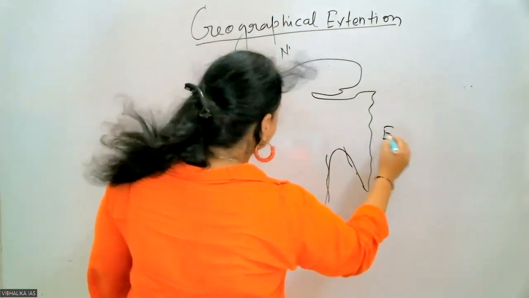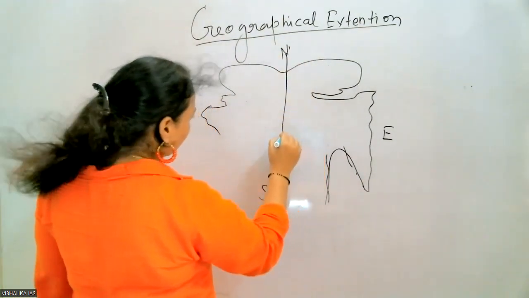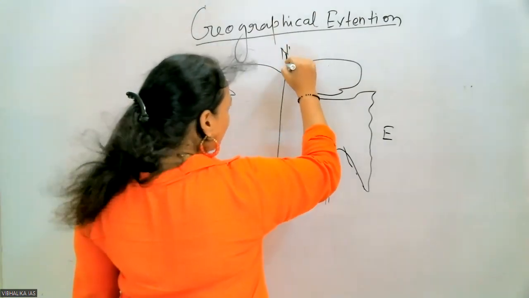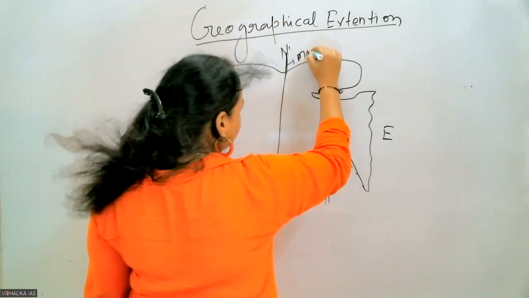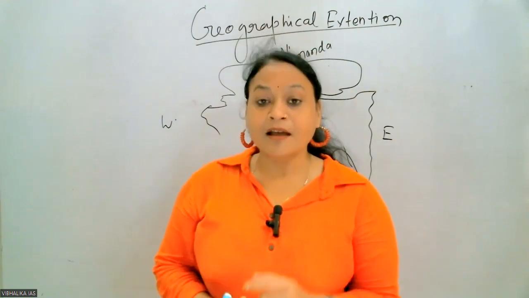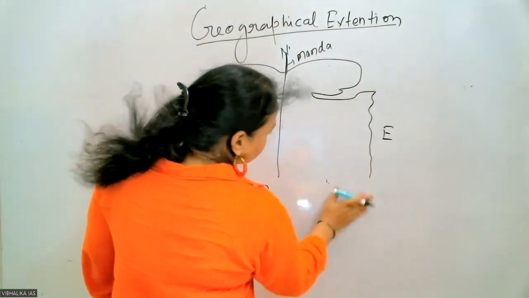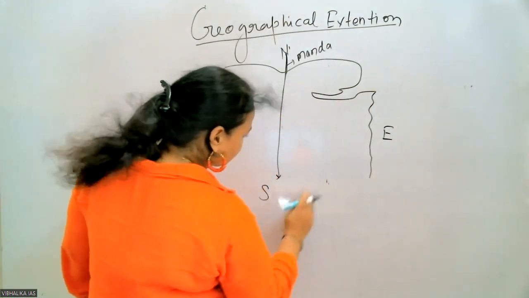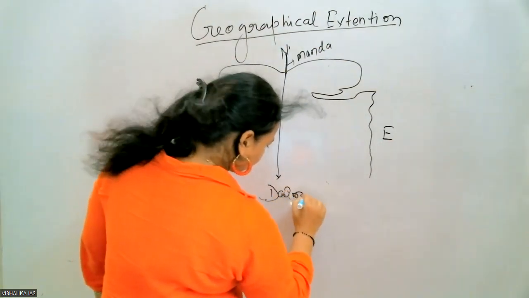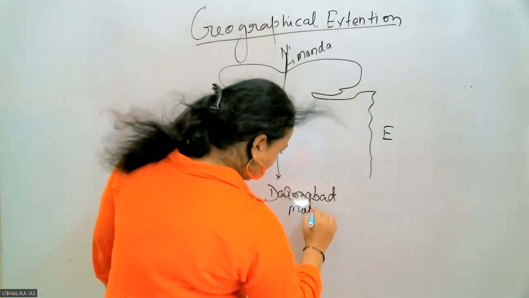If we see in which part of India it was situated, the northernmost site of the Indus Valley civilization is Manda. Manda is situated in Jammu and Kashmir. And the southernmost site of the Indus Valley civilization is Daimabad. Daimabad is situated in Maharashtra.